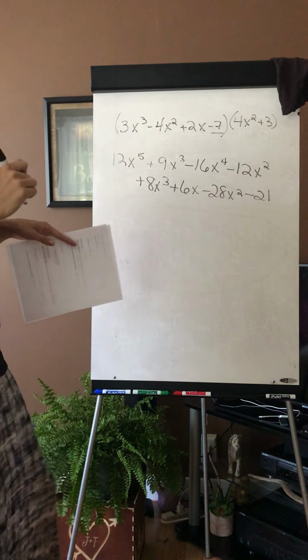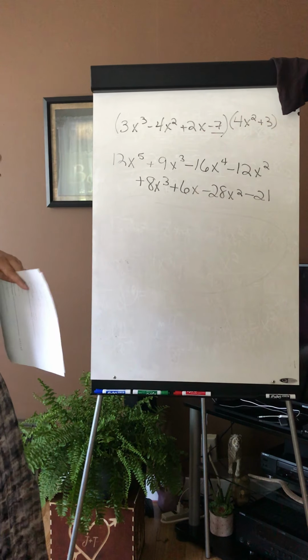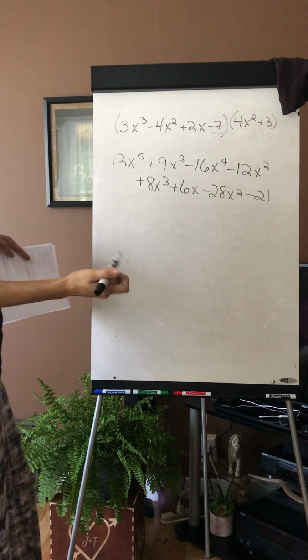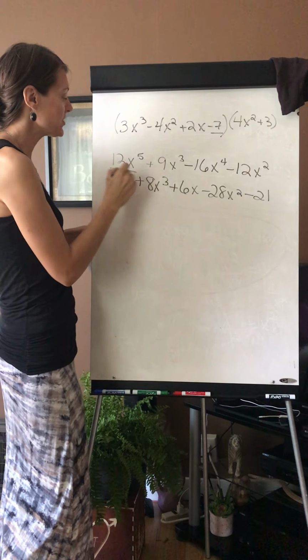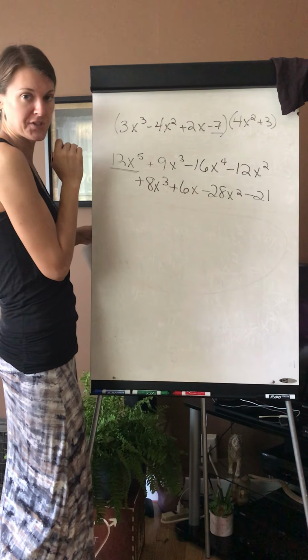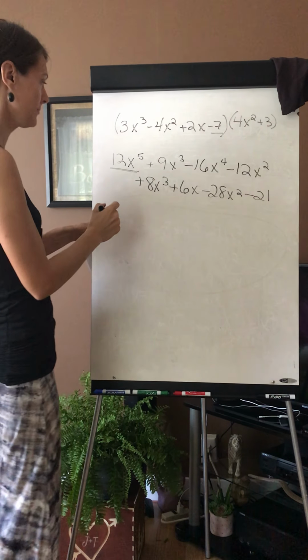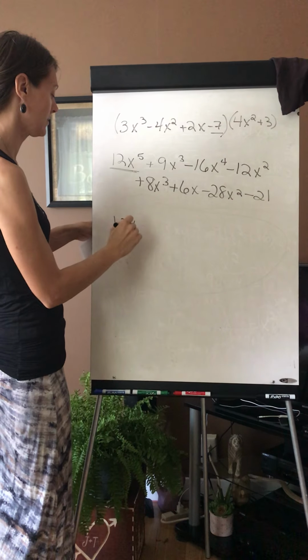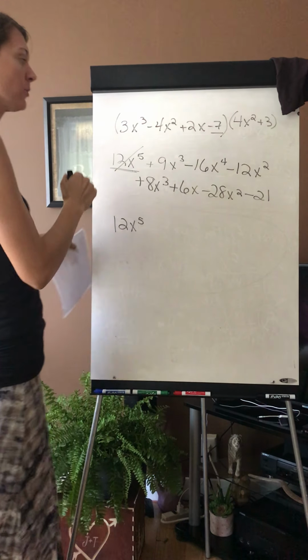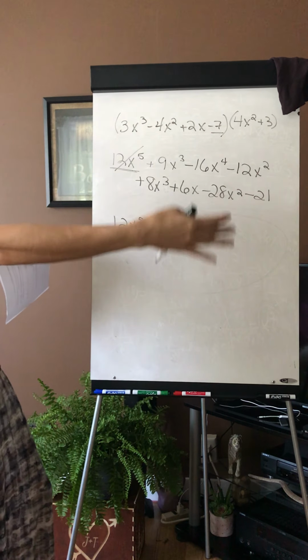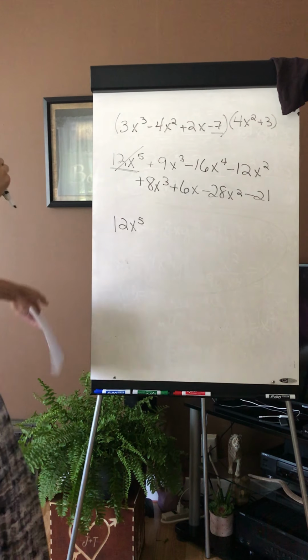And at this point, we'll go ahead and combine our like terms. So this is what we call a 5th degree polynomial, because the highest degree or the highest exponent is 5. So we'll start with that term, and I just see one of them. And then again, we'll work our way down to the x to the 4th, 3rd, 2nd, 1st, and then the constant.